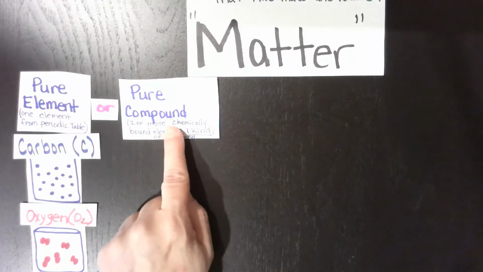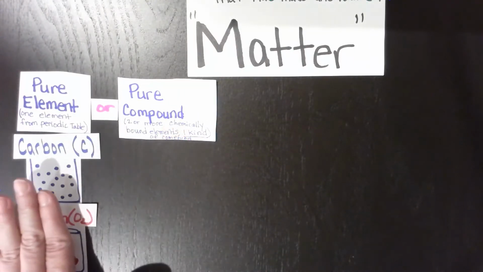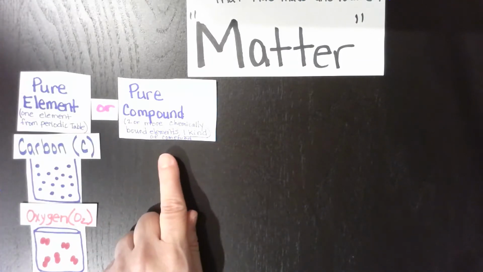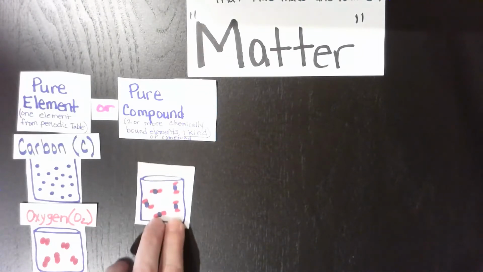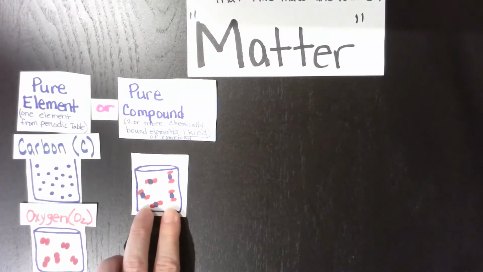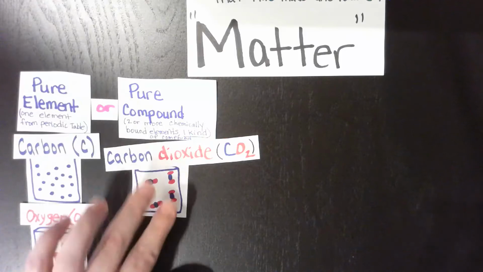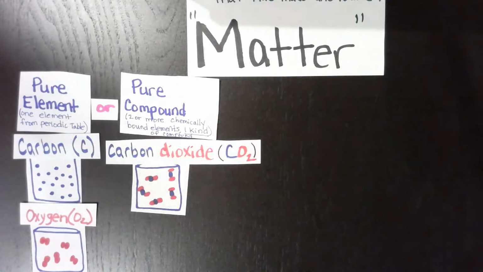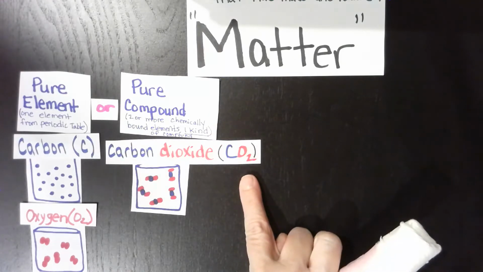Our next type of pure sample is a pure compound. So not quite as pure as a pure element, but still pure, is to have two or more different kinds of elements that we have chemically bound together to make only one kind of compound. My example here is carbon dioxide. In my little container that I drew here, I have carbon dioxide, whose formula is CO2.